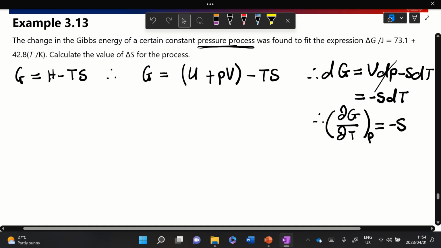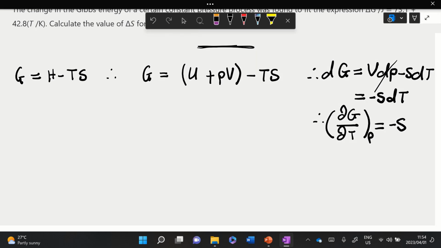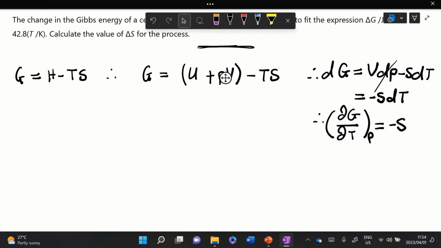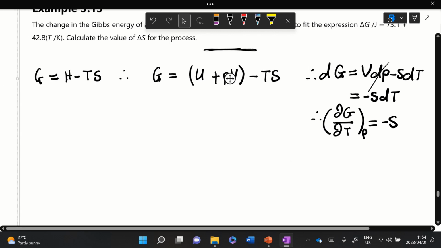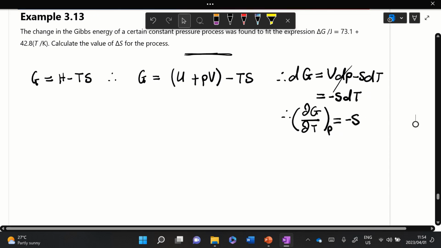So we now have a way of connecting delta G or G with S. We're given a function of G, but we're not looking for just G and S. We're looking for the changes in them. So that might be the part where it becomes a bit tricky, in the sense of understanding exactly what we're doing.